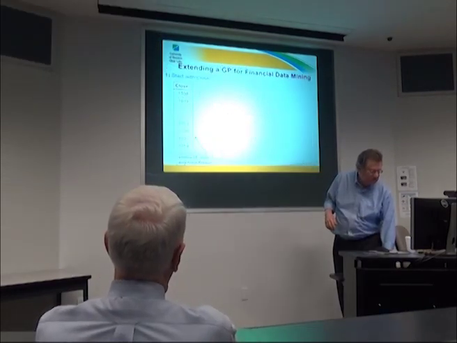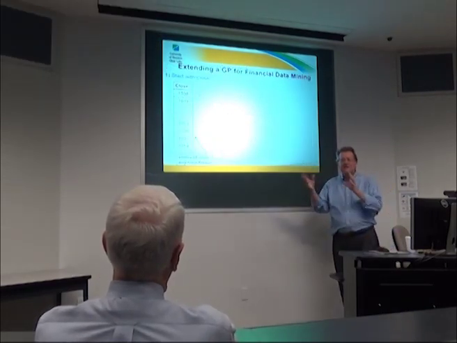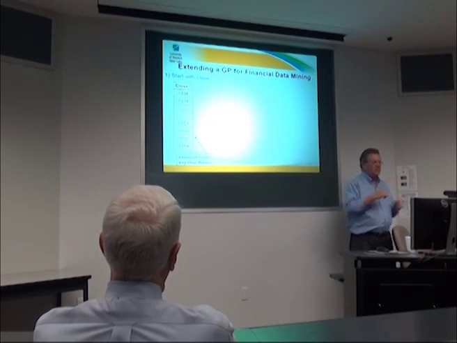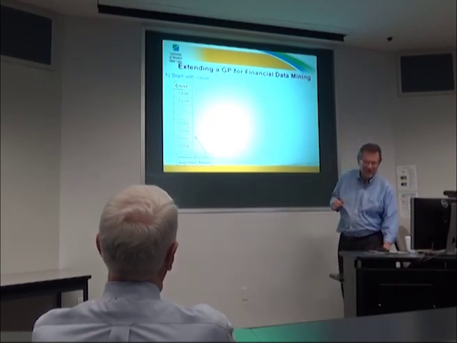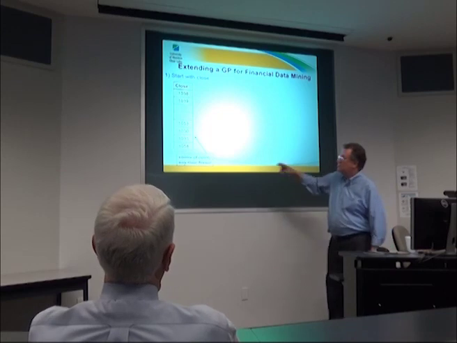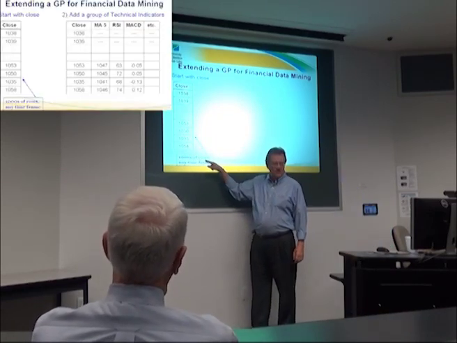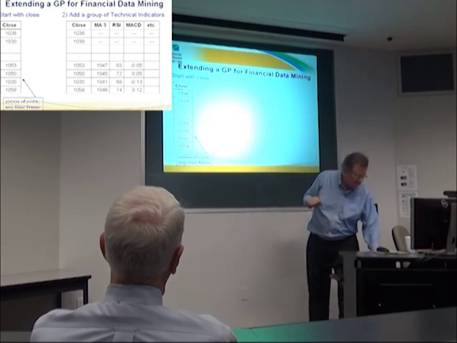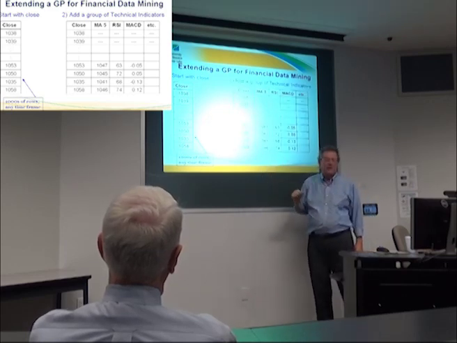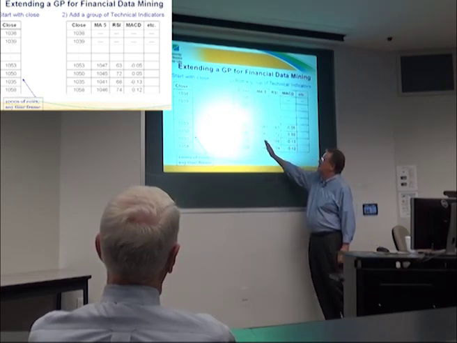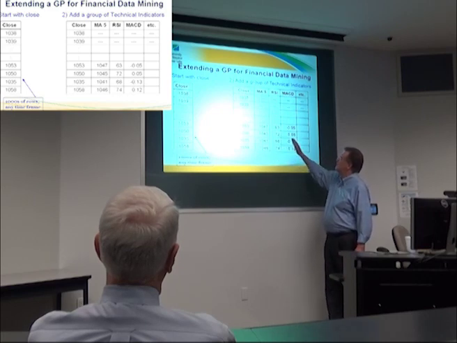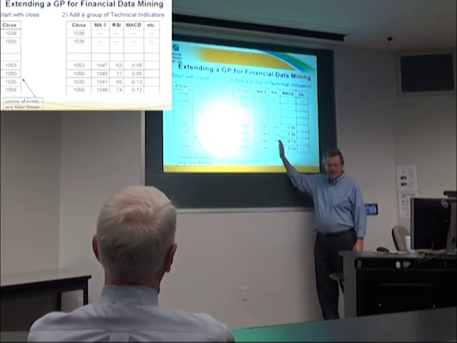So the question is, how do we take this idea of a genetic program and apply it to financial data mining? So we take the close price, and we might have thousands of these. I've just reduced it here. We have the close price, and we might have a moving average, RSI, MACD, all these technical indicators.